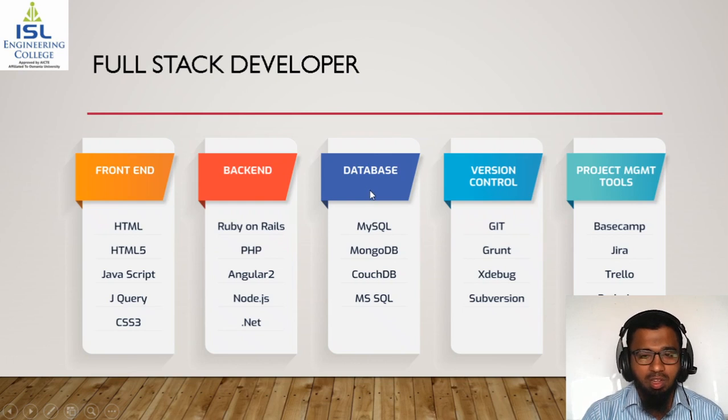What is database? Database means, as I told you about the login example of Facebook, in the same way the database will get the data and store it, and we will display it on the front end.